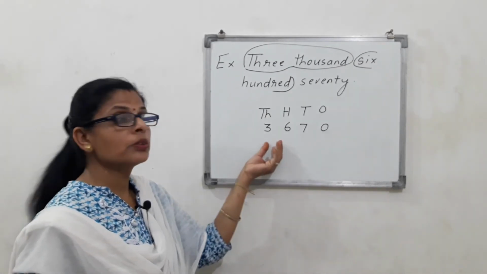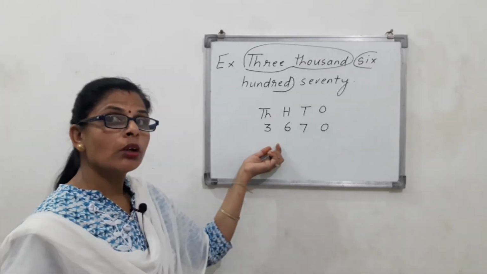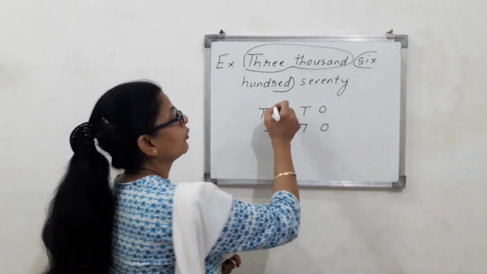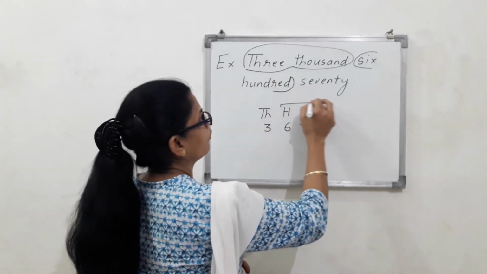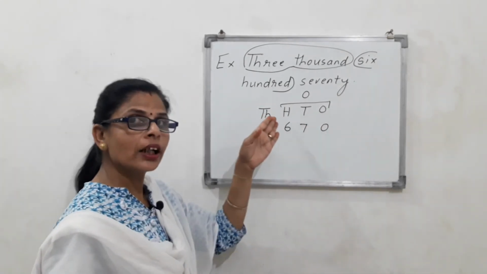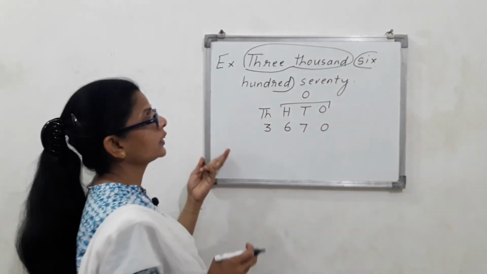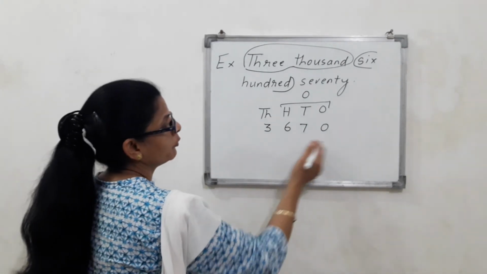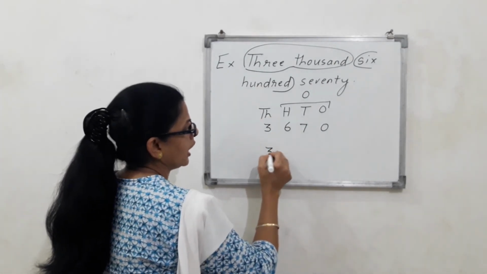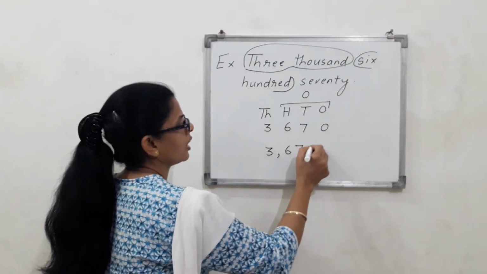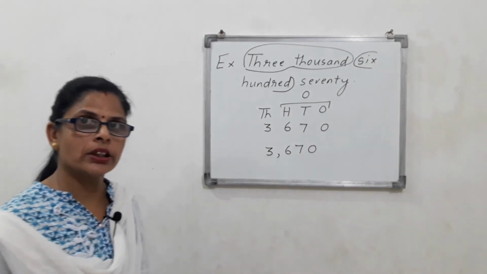So now how to put the commas and write it, because all of you know that the ones period has 3 places, ones, tens and 100, right? And the 1000 period has 2. We will learn more. So after 3000 we will put a comma and it will be written 3670.